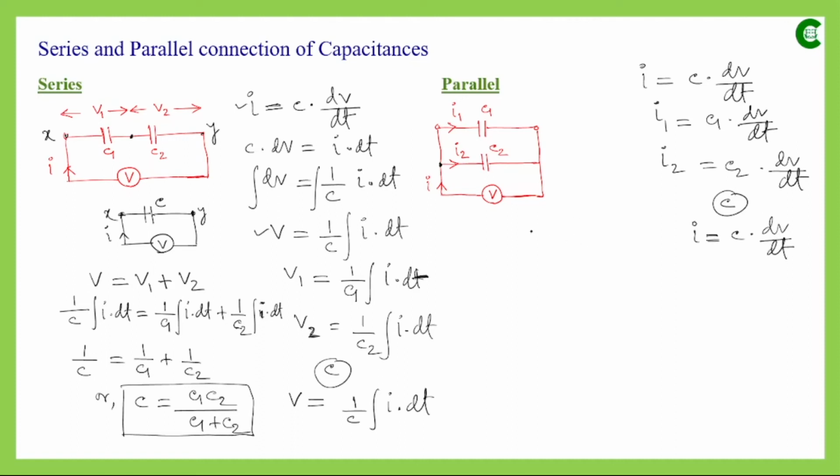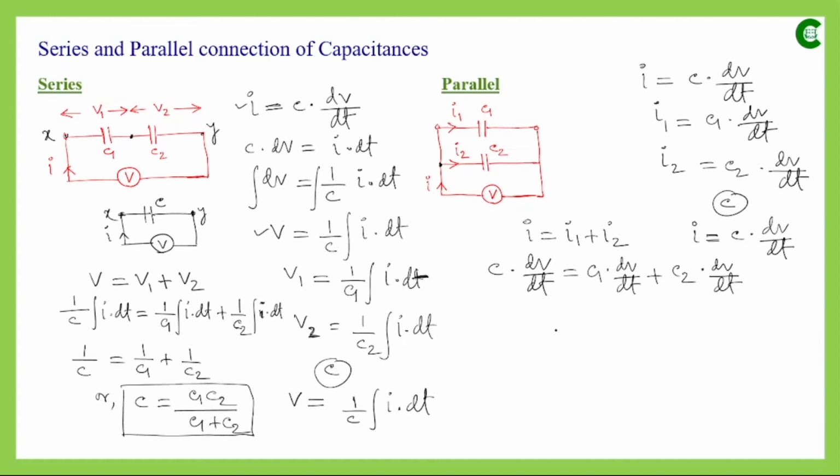Now from inspection we can say the main current I will be equal to I1 plus I2, the summation of their individual current values. So in place of I we can write C into dV by dt, and in place of I1 and I2, C1 dV by dt plus C2 dV by dt. Now here we can see that the factor dV by dt is common.